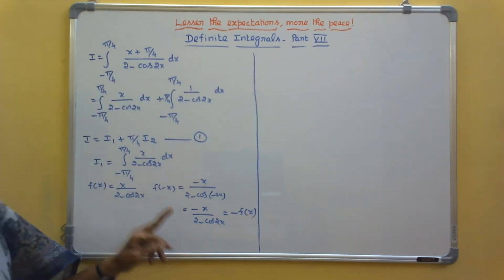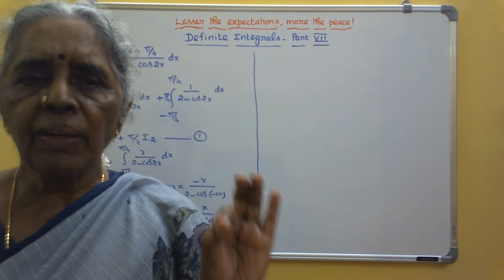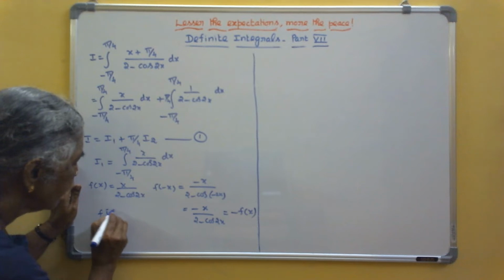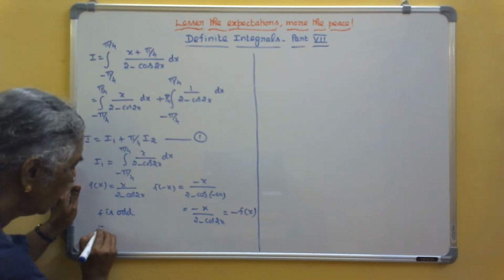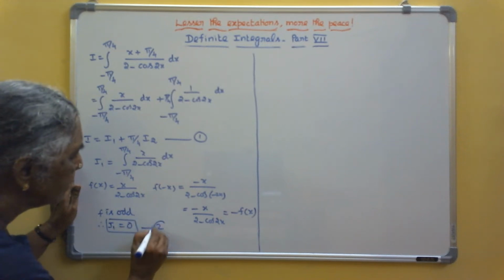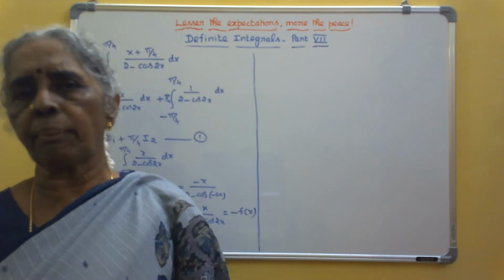If f of minus x is equal to minus of f of x, you know f is an odd function. Okay. So f is odd. Therefore, I1 is equal to 0. Keep this result as 2. So we have done I1 and that is very simple.